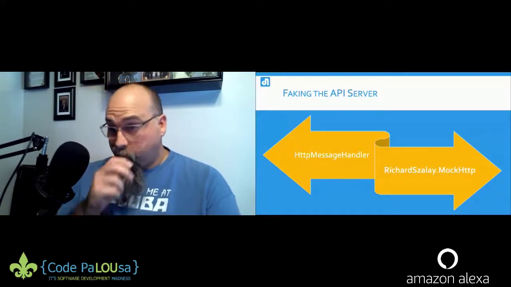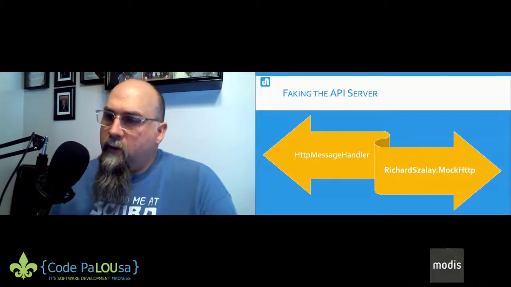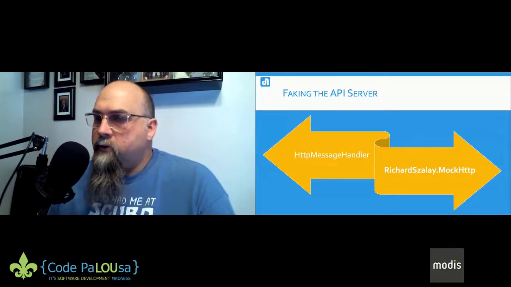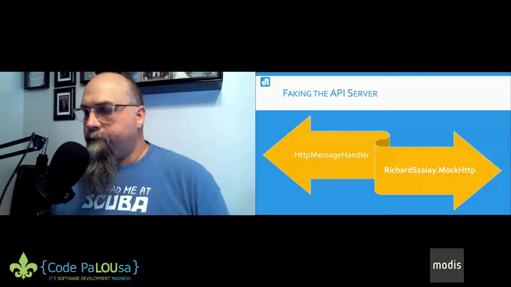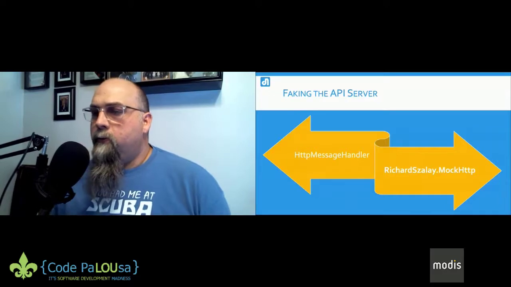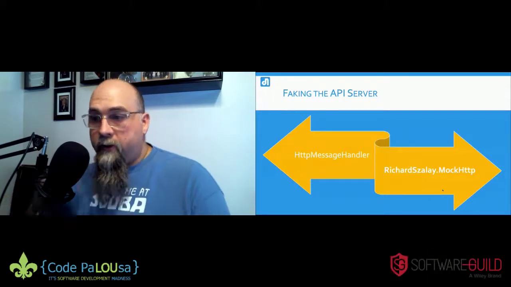And so how I've done that is I found this great project out there, MockHttp, by Richard. I'm not going to try to say his last name because I'm sure I'll butcher it whichever way I do it. But he's created this great MockHttp NuGet package project out there that has been really great at making HTTP responses and requests easier to handle and deal with.